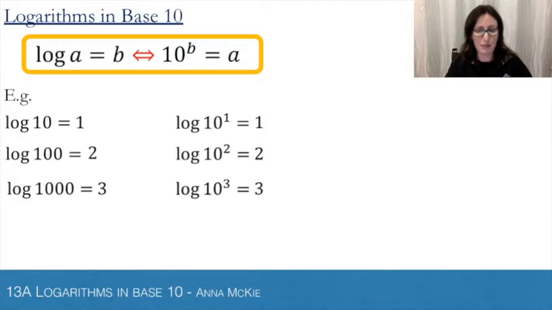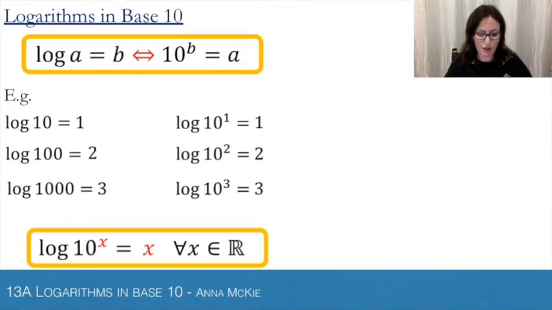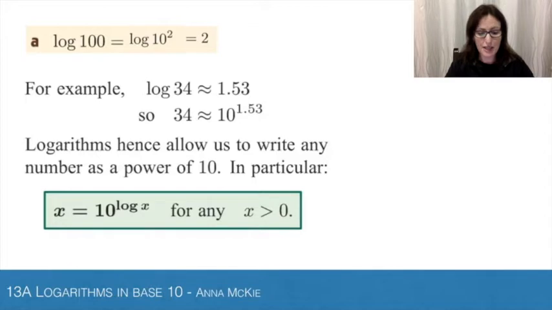That's only if you get base 10 there. So that rule there is log of 10 to the power of something is also that power number. So on this screen here, we're basically trying to work out how this rule works down here. So the log of 34 is equal to 1.53. What does that mean?